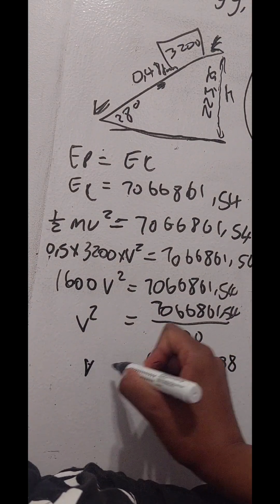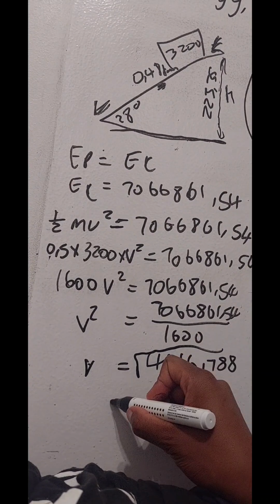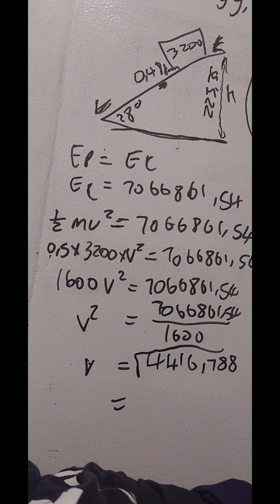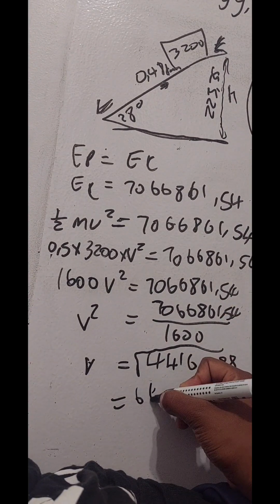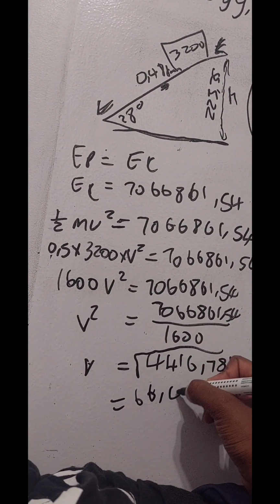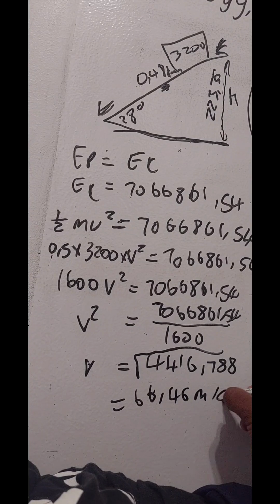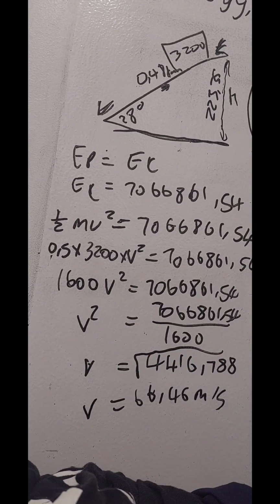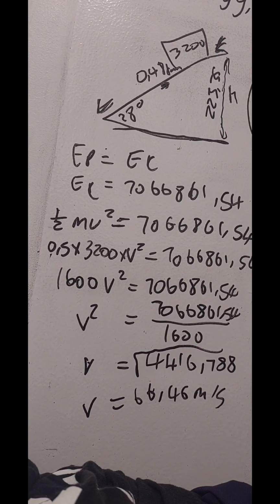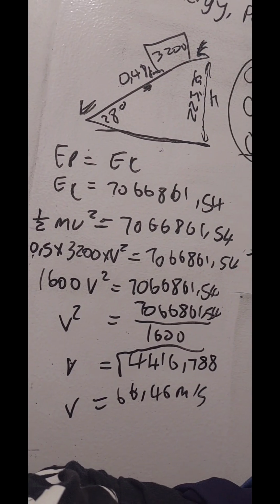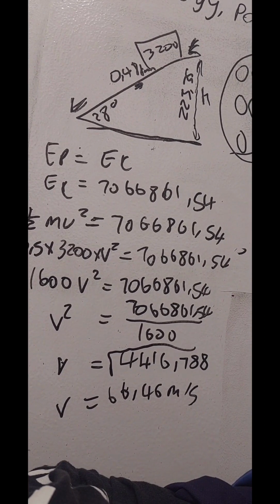And we want V, so that means we're going to square root it. So what is the square root of that number? I get my square root to be 66.46 meters per second. So velocity is 66.46 meters per second. So we are done with speed. Let's move on to another question.